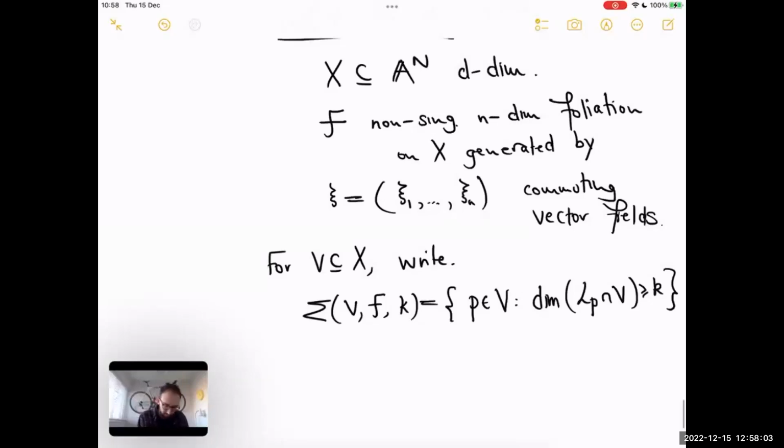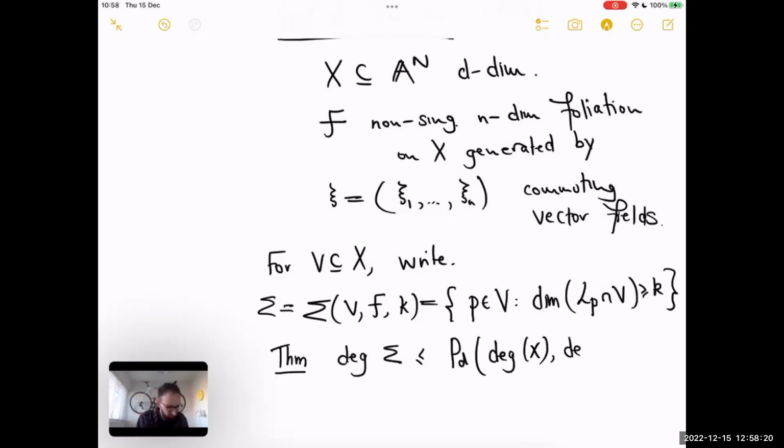So the theorem is that the degree of sigma is bounded by a polynomial P_d in the degree of X, the degree of B, and the degree of psi. And this is an explicit polynomial.